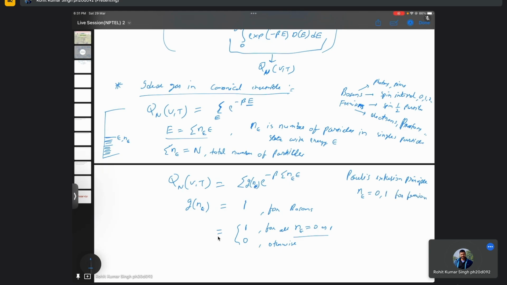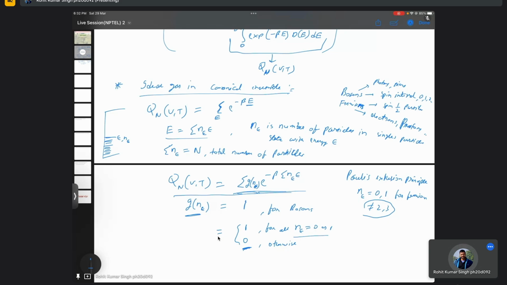It cannot be 2, 3 or anything. Okay, so if this is the case, then this summation gives you a 0 value, because we have defined G to be 0 otherwise. So this summation is valid only when Ne is either 0 or 1, for fermions.